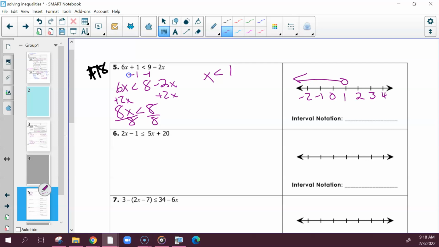Parentheses, negative infinity, 1 with what type of parentheses? Our interval notation, this is basically our set builder notation: x is less than 1, or our inequality. These are saying the exact same thing, just in different ways.